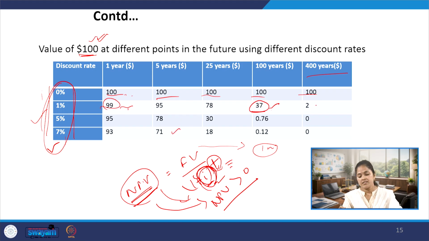In this way, if we are thinking about policies or value for the long term or across generations, like 100 years or 400 years, this discount rate is very important, because it is used for the calculation of NPV.